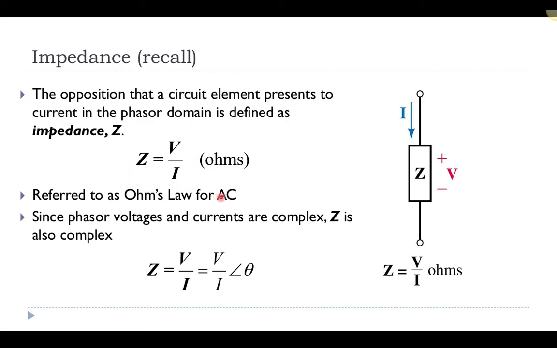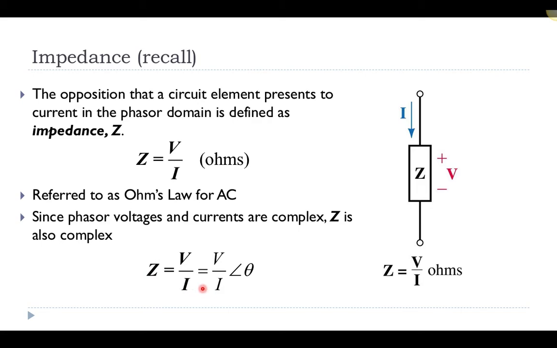And we talked about the fact that a component can have impedance that is a combination of resistance, inductance, and capacitance, and combinations of all of those different things. So in general, when we're talking about impedance, we're always going to use phasor notation, and we're going to treat it as a complex number.